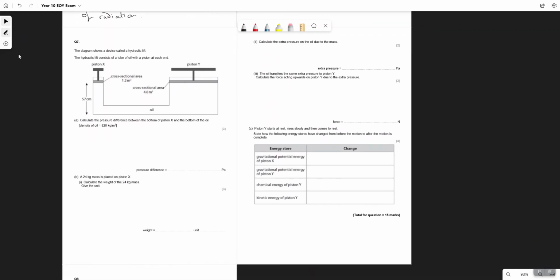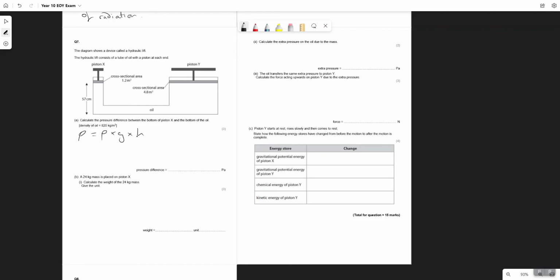Right, question 7, some pistons. Okay, so hydraulic lift. Calculate the pressure difference from the bottom of the piston and the bottom of the oil. We've got a 57 centimeter height. So we want to use pressure difference equals rho times g times h.